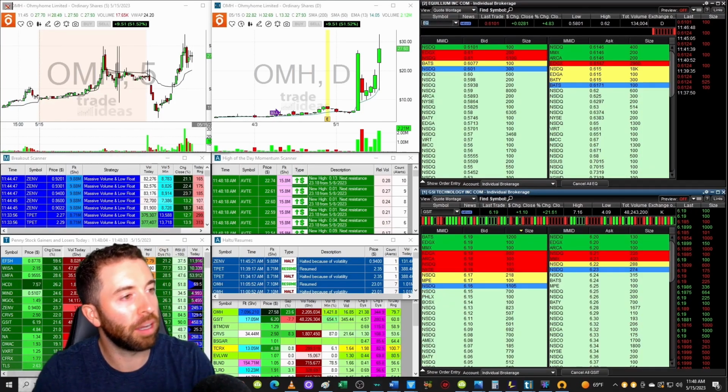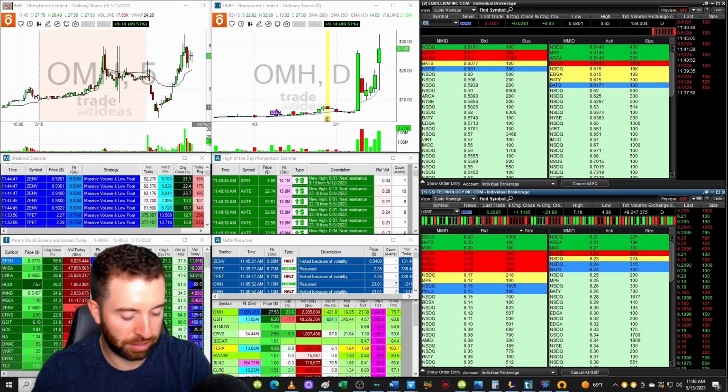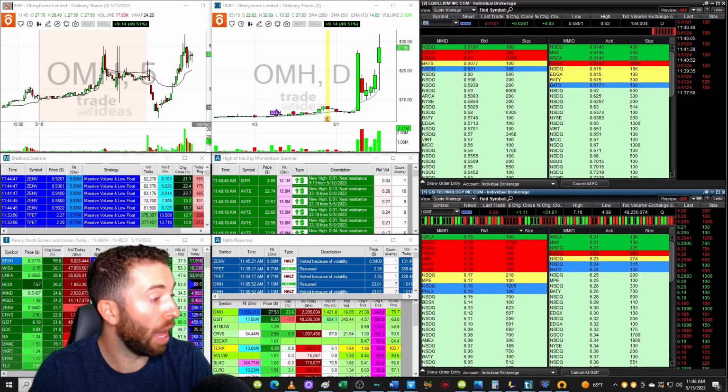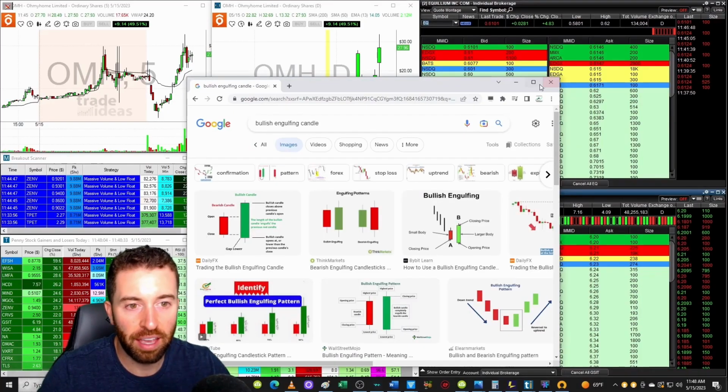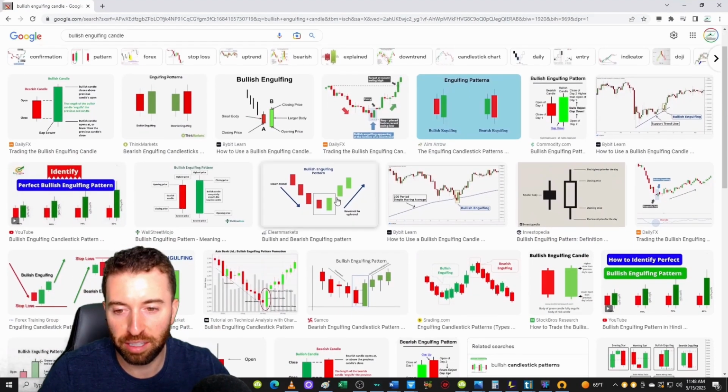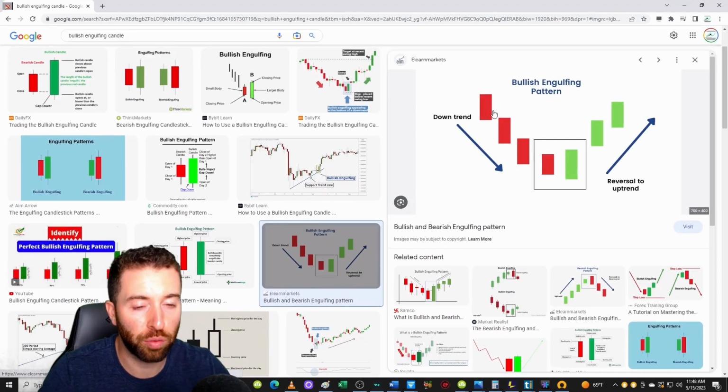When you go over to www.google.com and just type in bullish engulfing pattern, it will happen best on the daily chart. This is going to be a very consistent pattern where we will have dropping, dropping, dropping, and then a green candle. There will be a green candle that gaps down and finishes the day above the red candle. It engulfs.